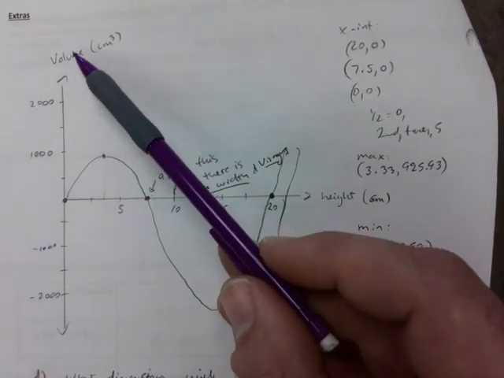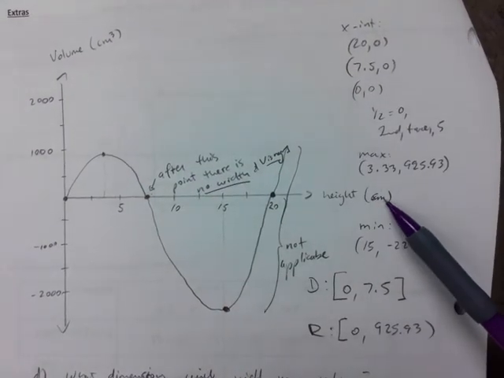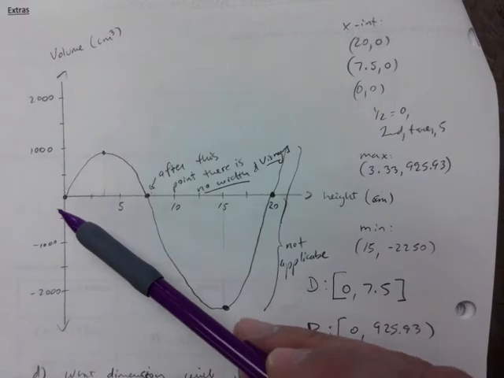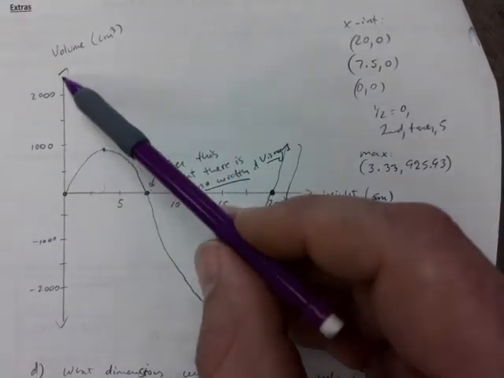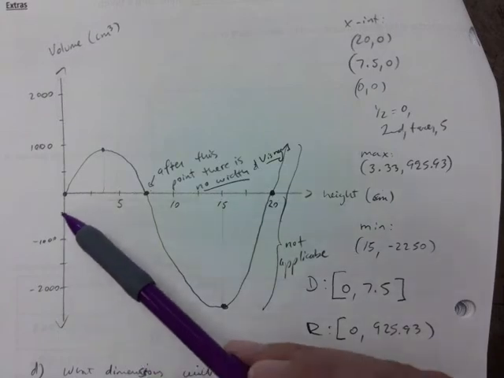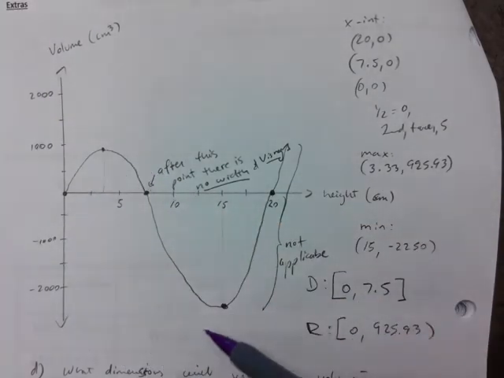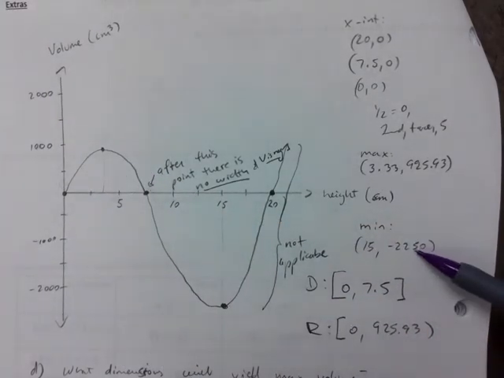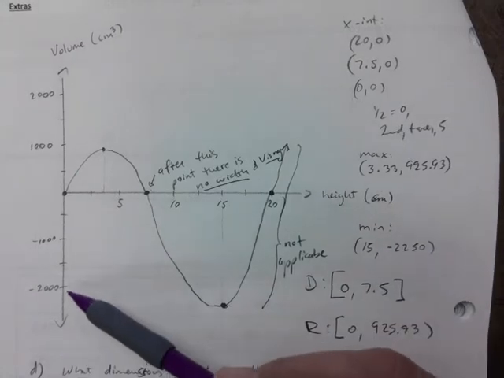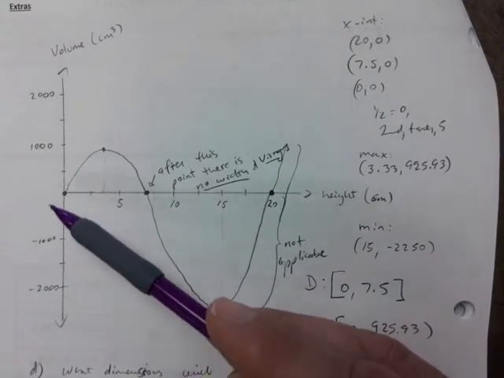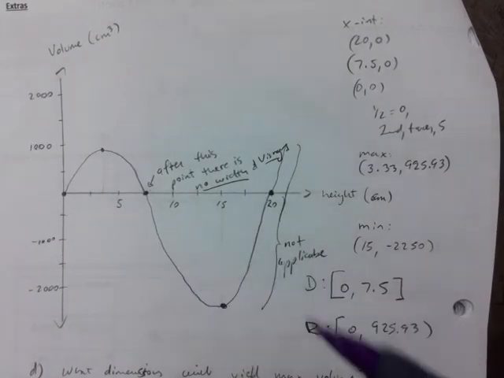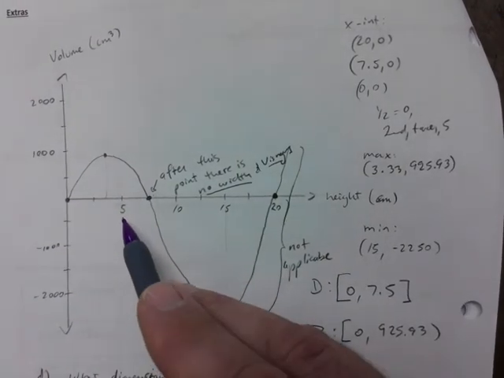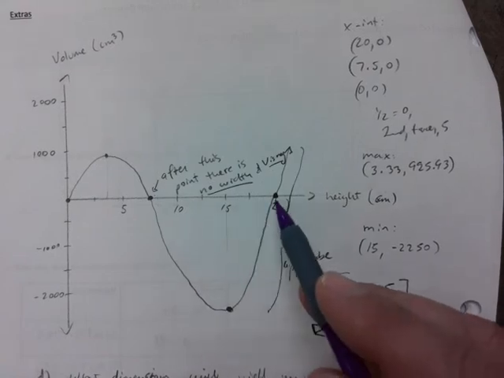You have volume in centimeters cubed, you have height in centimeters, and I drew my x and y axis, and I spaced it out equally. And because my lowest went down to 2,250, I needed to make sure that is included. So my y-axis is actually going up by 500. And here I went all the way to 20.